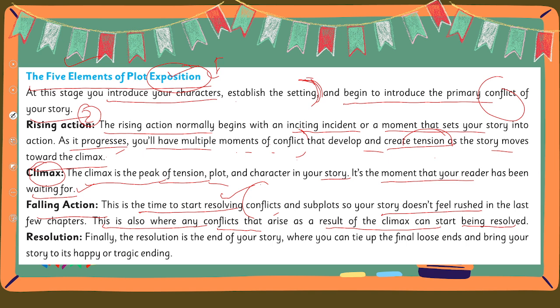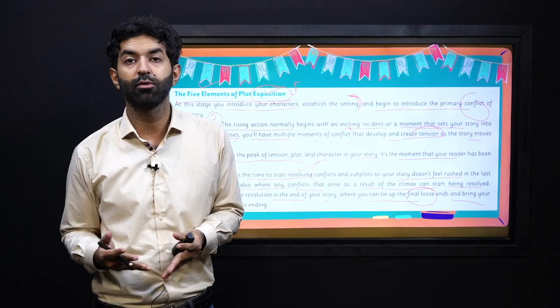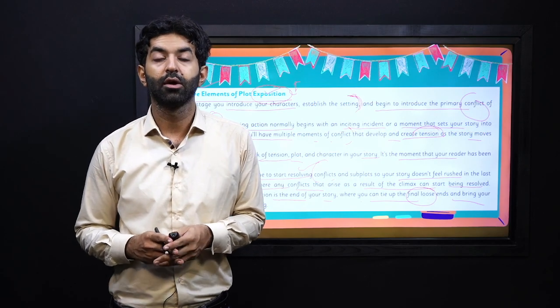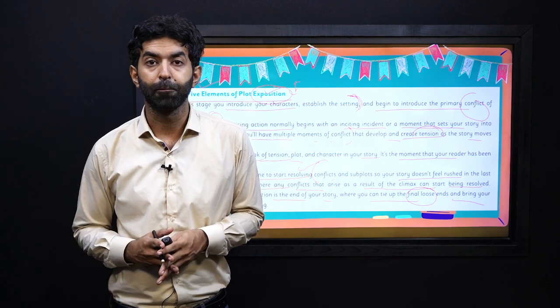So you start making ground for your story to move on to the resolution. And finally, resolution is the end of your story, where you can tie up the final loose ends, answer all those unanswered things, and bring your story to its happy or tragic ending. Now, the ending can be happy, or it can be a tragic or sad ending.